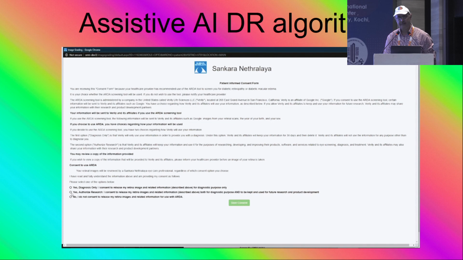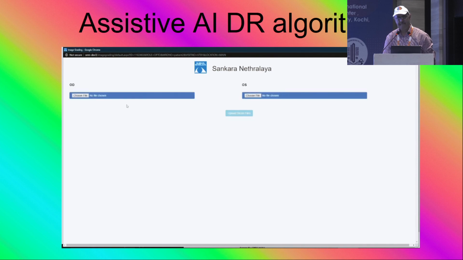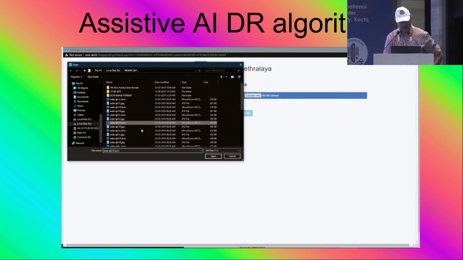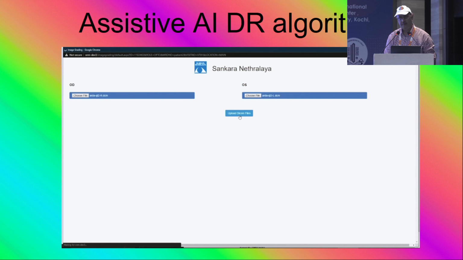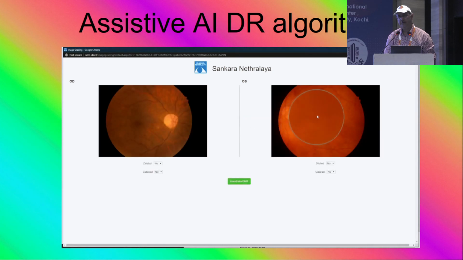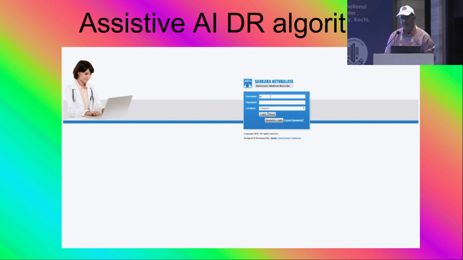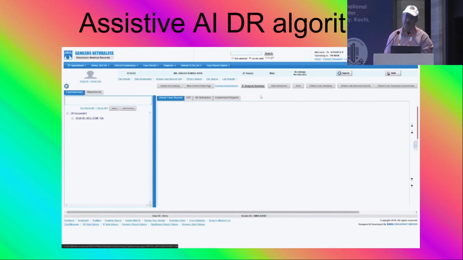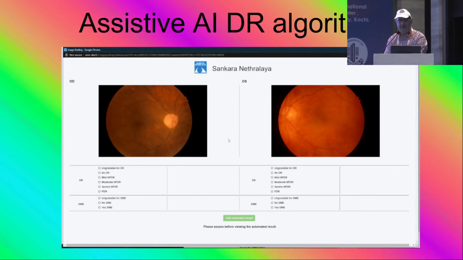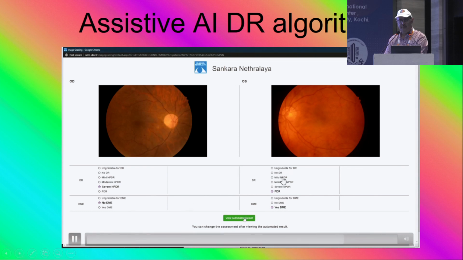A consent is taken, and then ultimately through the record a photograph is presented, and that photograph is examined, and after examining, the classification is done by AI. And then also a doctor gives his opinion. For example, here the doctor is mentioning a stage, and AI is mentioning a stage.